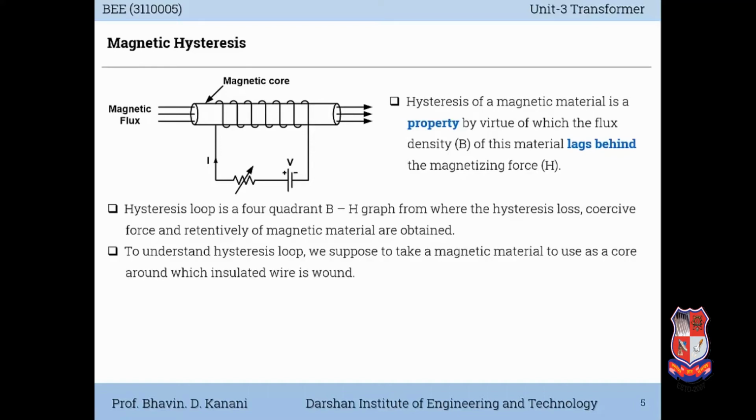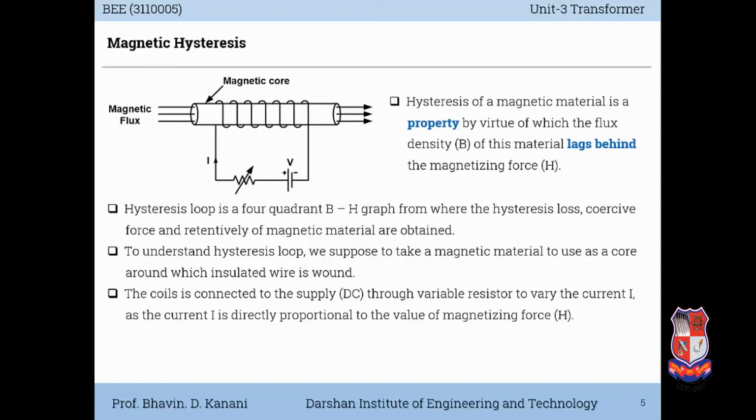To understand the hysteresis loop, we take a magnetic material as a core around which insulated wire is wound. The coil is connected to the supply, that means DC supply, through a variable resistor to vary the current, as the current is directly proportional to the value of magnetizing force.